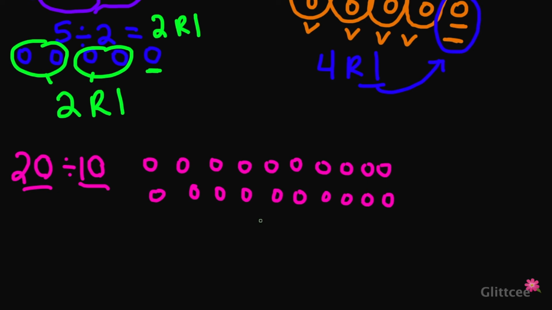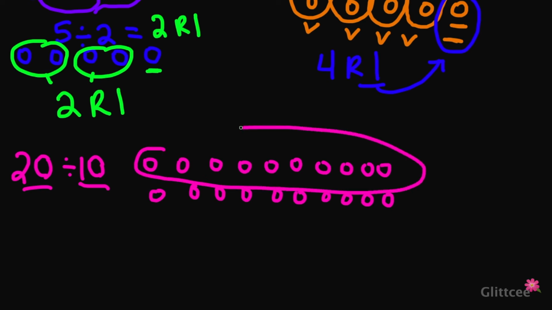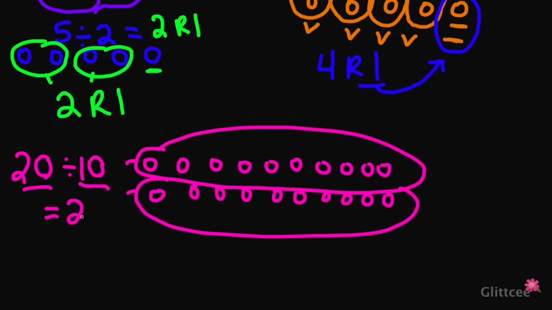How many groups of 10 do I have? This is a group here. This is 10, and then this is 10. How many groups? This is a group and this is a group. So 20 divided by 10 equals 2.